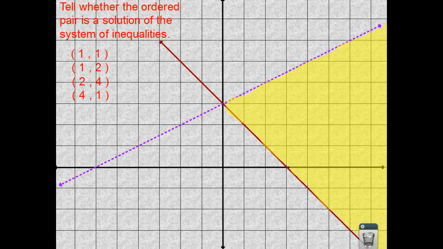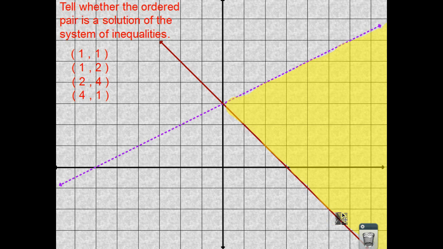We have four ordered pairs here. And basically what I did was I took four ordered pairs to see if any of them are solutions to the system. A solution would be any shaded region on the graph and any part of the line that is the solid line.